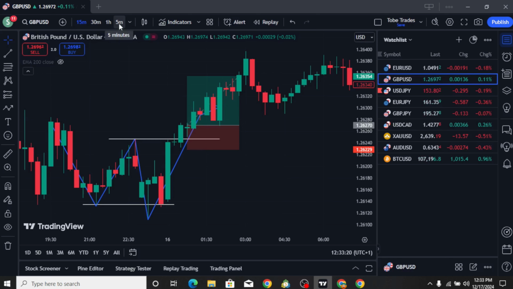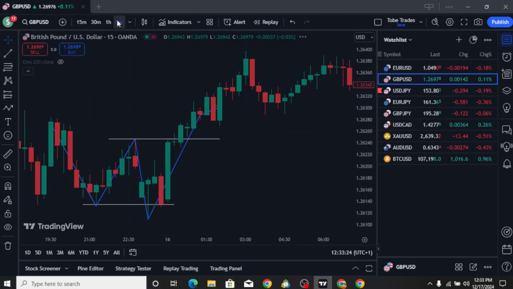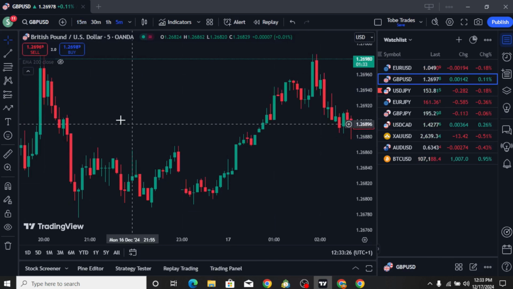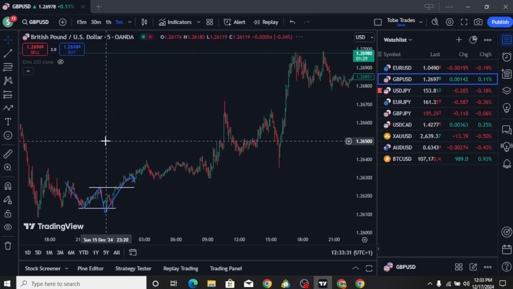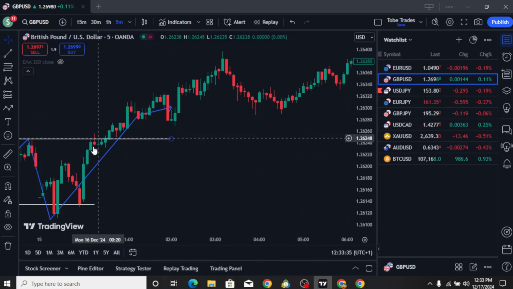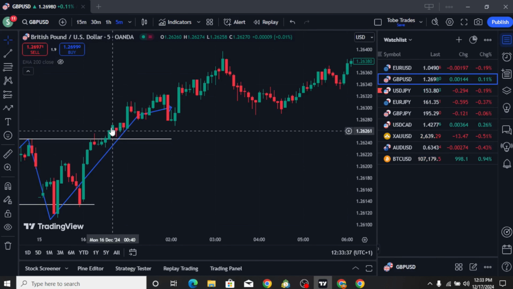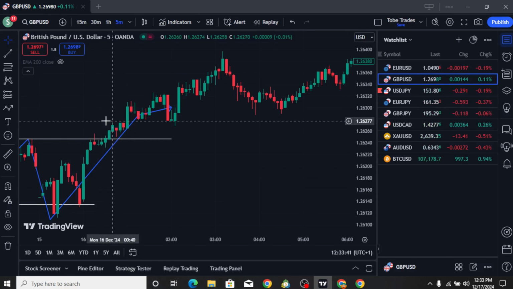As you can see, there's a 1 to 2 risk reward and it was a winning trade, or you can do something else. You can go down to the 3-minute time frame or the 5-minute time frame to look for a lower entry criteria. So this is the 5-minute time frame. Let me quickly look for that setup. Right, so as you can see, price went up, although you could be looking for a retest, but price didn't retest this market structure shift.